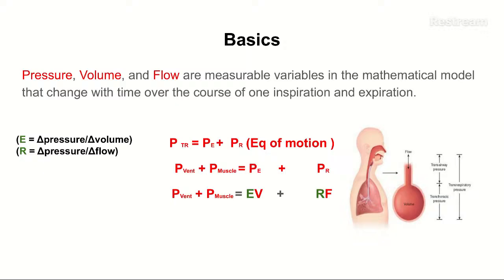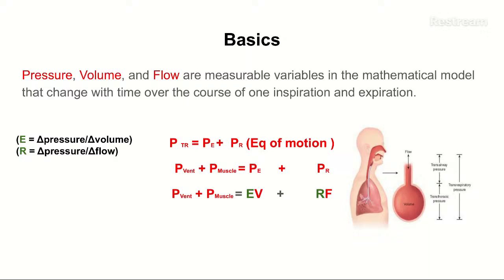So the two sides of the equation: the pressure from the ventilator and the need from the patient's end. Transpulmonary pressure means the complete atmospheric to alveoli difference, right?